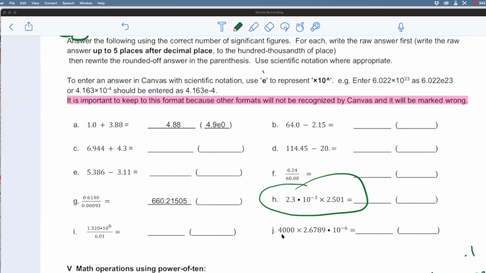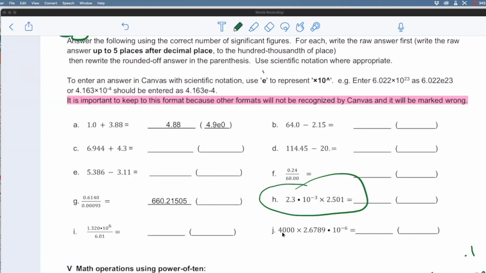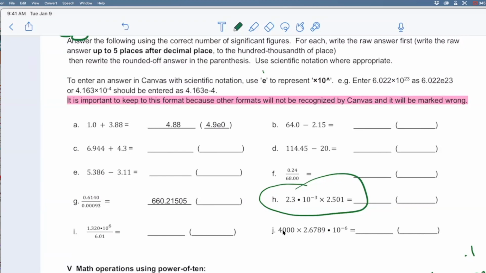This number right here, you've got 4,002.6789 times 10 to the minus 6. How many significant figures should my answer contain? What do you think? 1. How many significant figures does 4,000 have? Oh, no, wait, never mind. 1 significant figure.